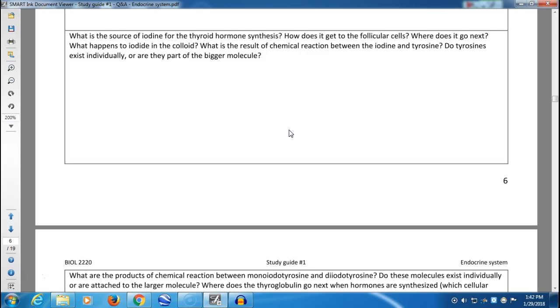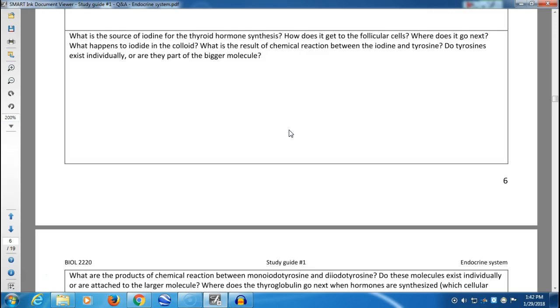The B word. Blood. From the blood, it gets into the follicular cells. From the follicular cells, iodine enters the follicle where it binds to the tyrosine.